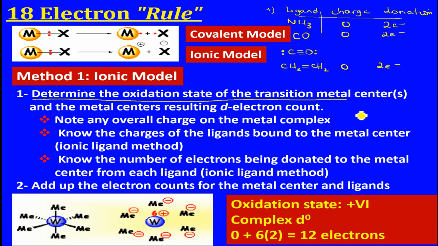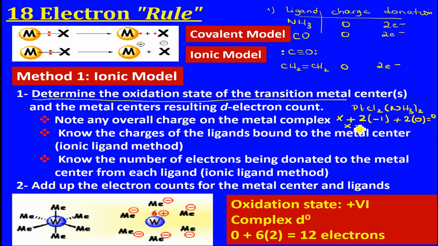Suppose we have, for example, PtCl2(NH3)2. So the oxidation state X plus 2 Cl, minus 2, minus 1 each, plus 2 NH3. For NH3 the oxidation state is 0, and the sum is equal to the charge of the complex, which is 0.